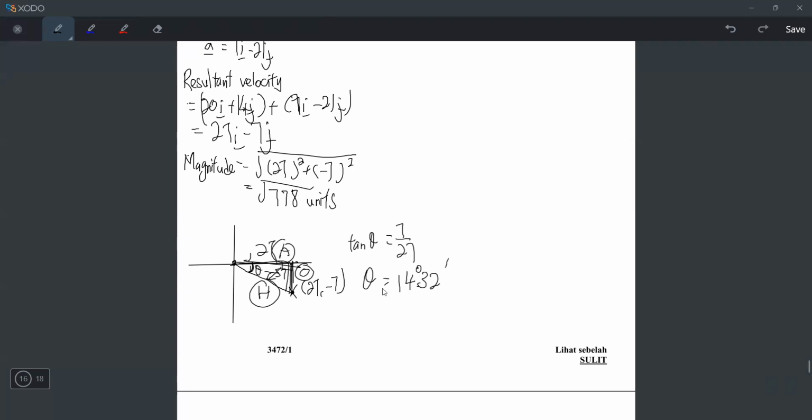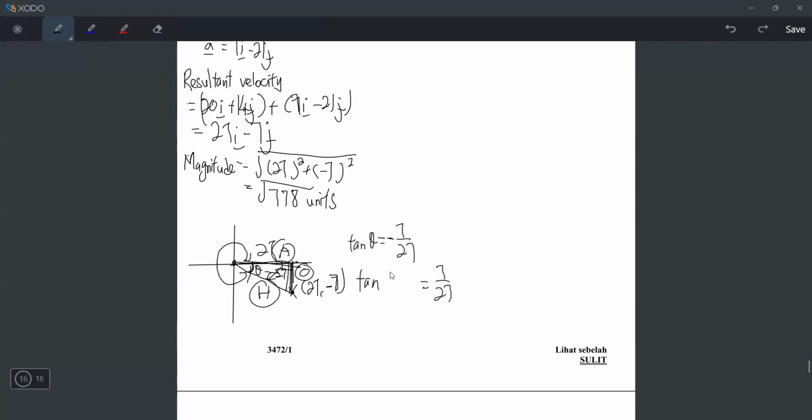Actually, you can also write in decimals, but I like degrees and minutes. But this is not the answer yet, because this is just the reference angle. I need the real angle like this. So I should take 360 minus. Actually, I think I should put the negative here, because the y coordinate is negative 7. But when I write it like this, I will not write the negative.